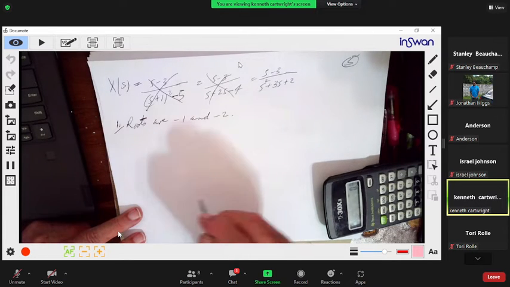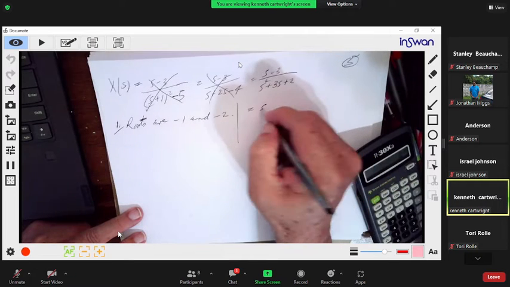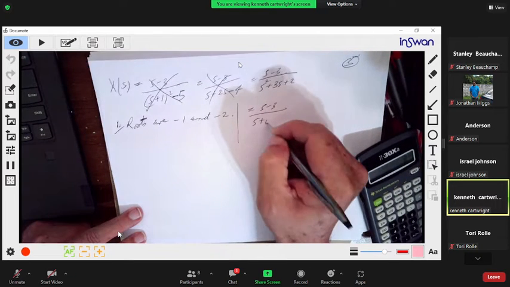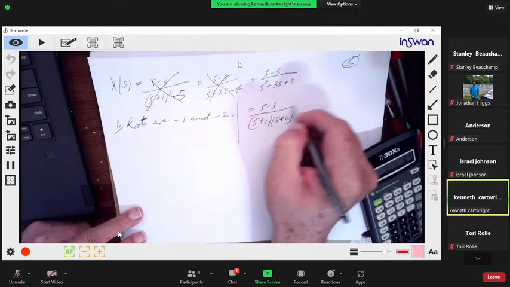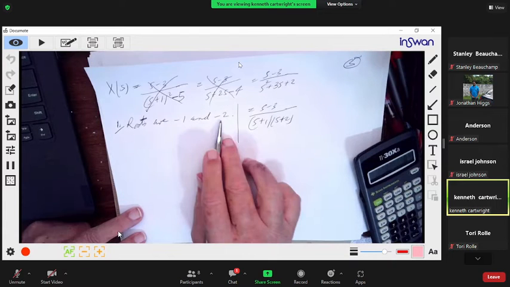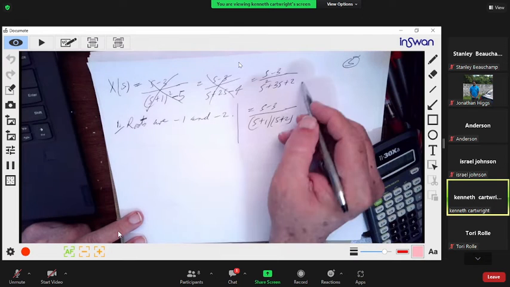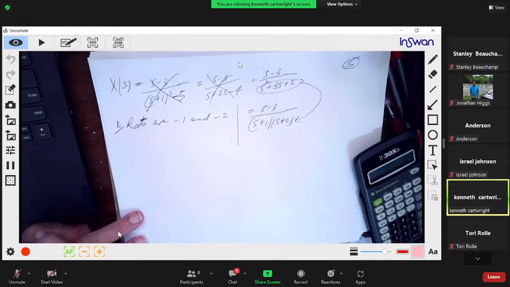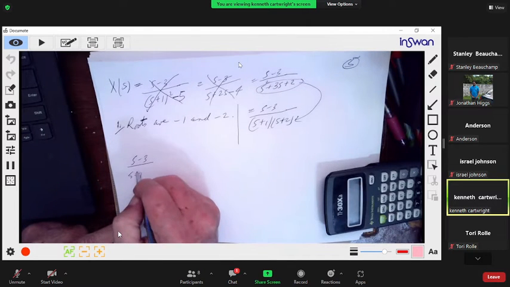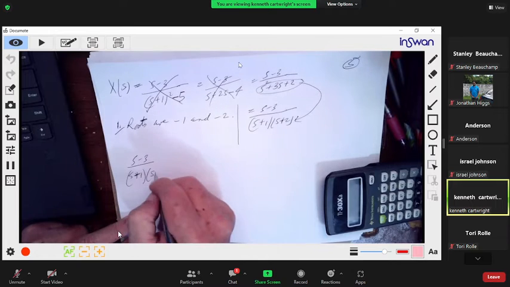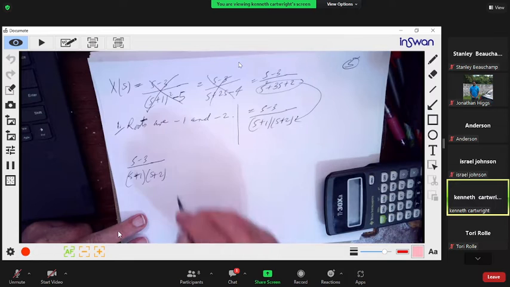And what's that something else? We can now factorize the quadratic into s+1 and s+2. Since we know the roots, we have the factors. So if we have s-3 over s+1 times s+2, we can use something called partial fraction expansion.